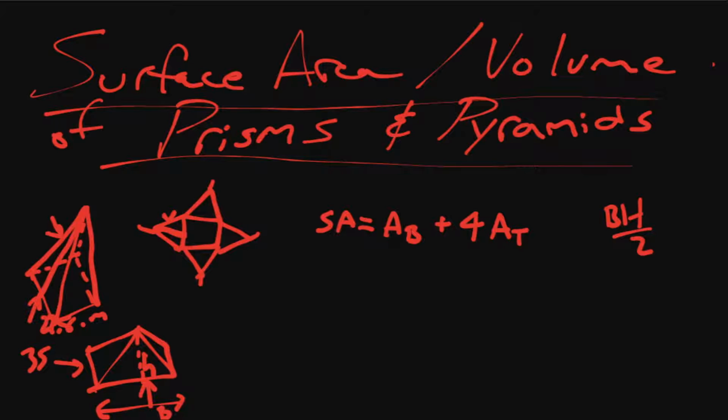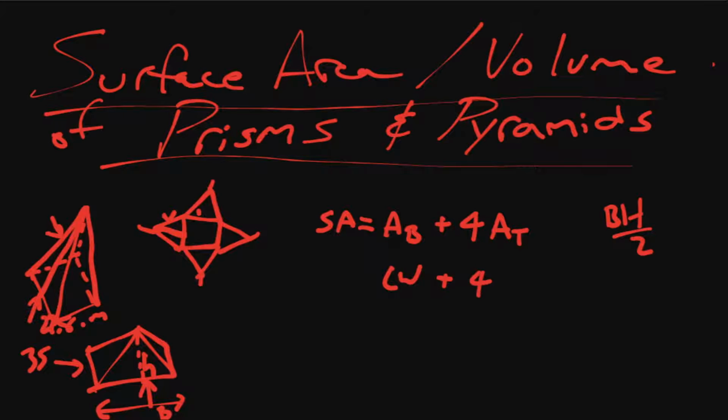So the square base is going to have sides of 35 by 35, and we can find the area by length times width, 35 times 35.